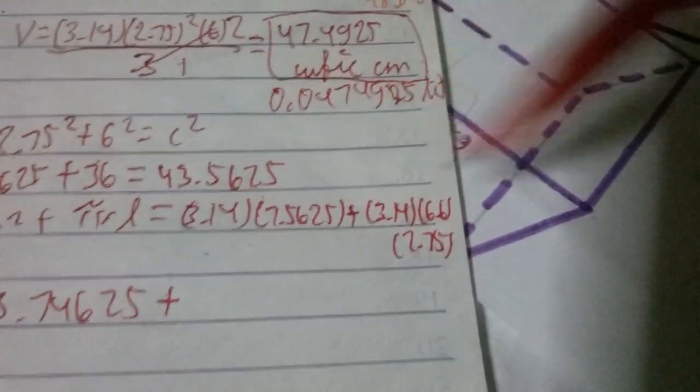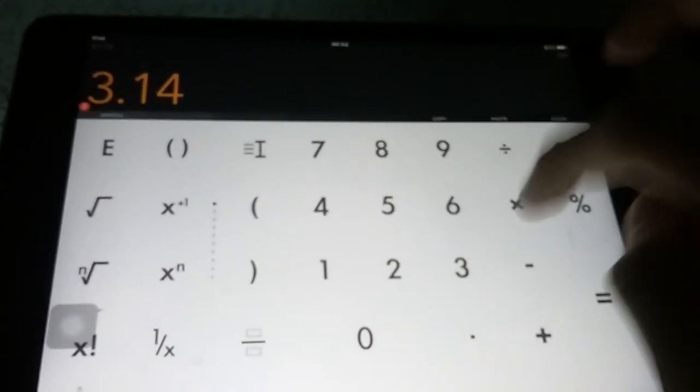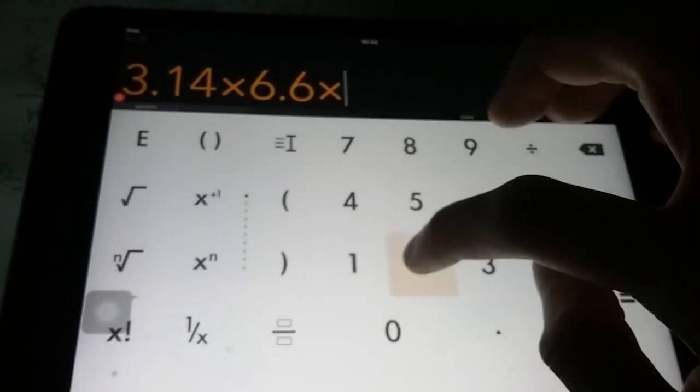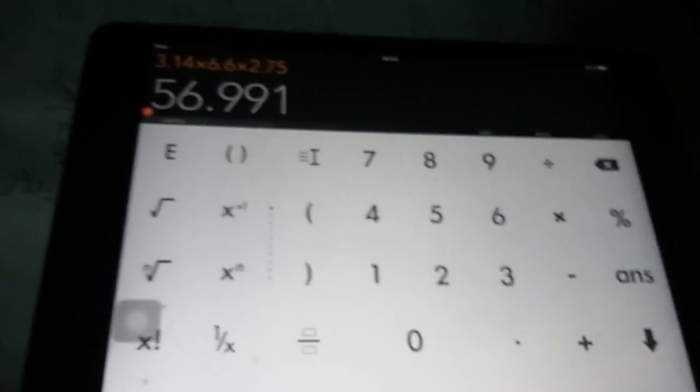Ito yun. The one you need to get for the slant height. So 3.14 times 6.6 times 2.75 equals 56.991.